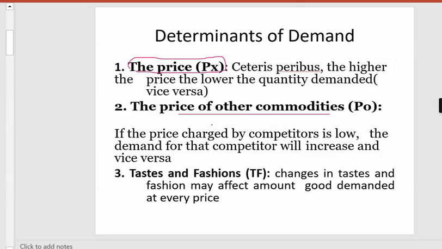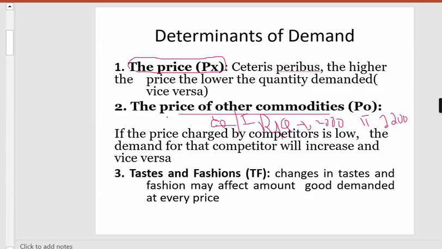Kwa mfano, let's say there are two sellers selling the same commodity, let's say rice. Labda firm 1 anauza rice kwa kilo ngapi? Labda kwa kg anauza 2000. Sawa? Alafu firm 2, the seller 2, is selling the rice labda kwa 200 kwa kilo.